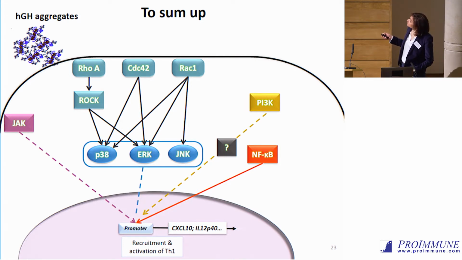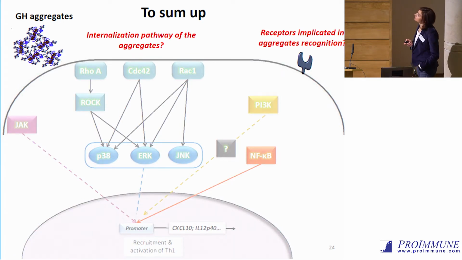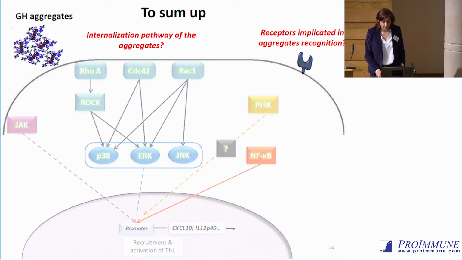First, the recruitment of proteins that are implicated in phagocytosis, and then MAP kinases that were able to promote the secretion of cytokines and also the expression of phenotypic markers. And then we are currently working on the identification of internalization pathways of these aggregates, and also on the identification of the receptors that could be involved in aggregate recognition.